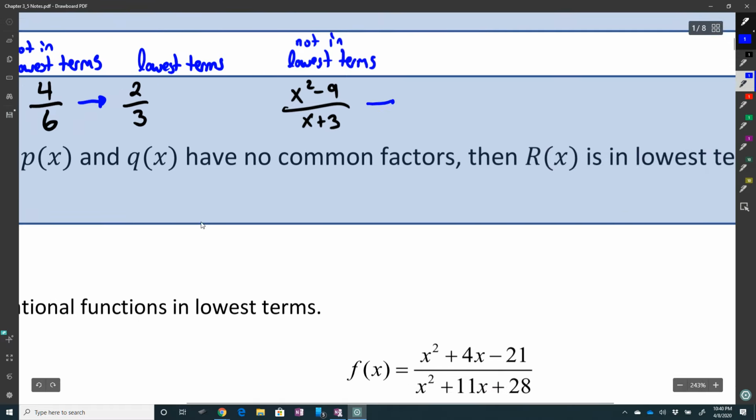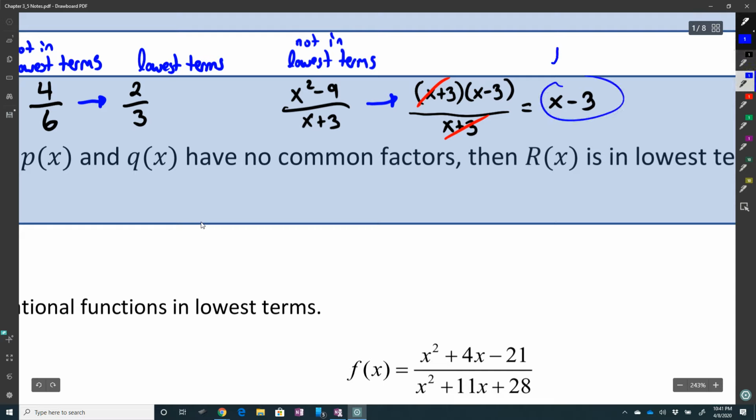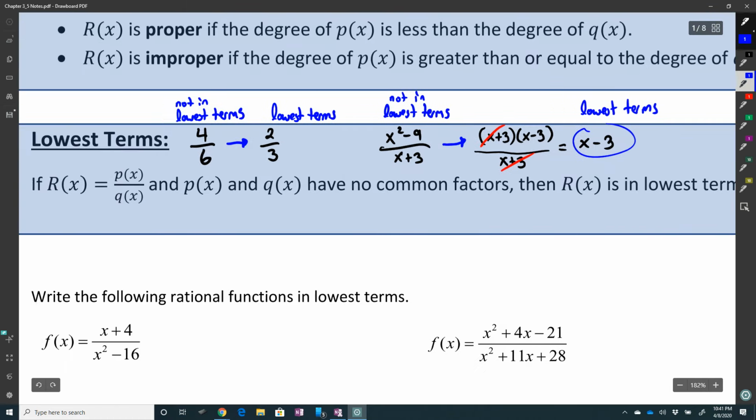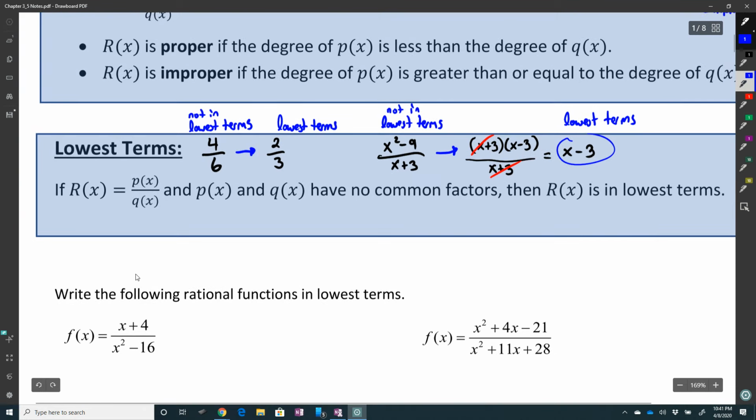If I simplify it, what we mean by that is you have to factor: x plus 3, x minus 3, over x plus 3, and notice that the plus 3's cancel out. And we're left with x minus 3, which is the lowest terms. All right, so that's all that means. Lowest terms means that it can be simplified. Once you simplify it, then it's in lowest terms.